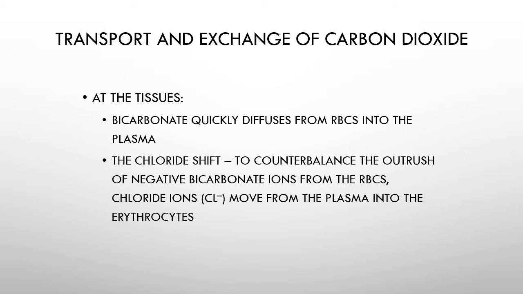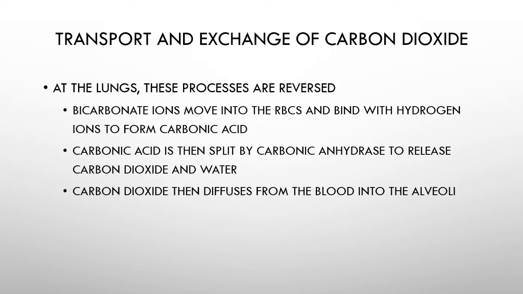Our chloride shift, as I just mentioned, we've got to balance out that negative ion from the bicarbonate moving into the plasma. So we're going to get chloride ions moving back into the red blood cells, or our erythrocytes, and that's going to allow us to keep a charge balance between the inside and the outside of those red blood cells.